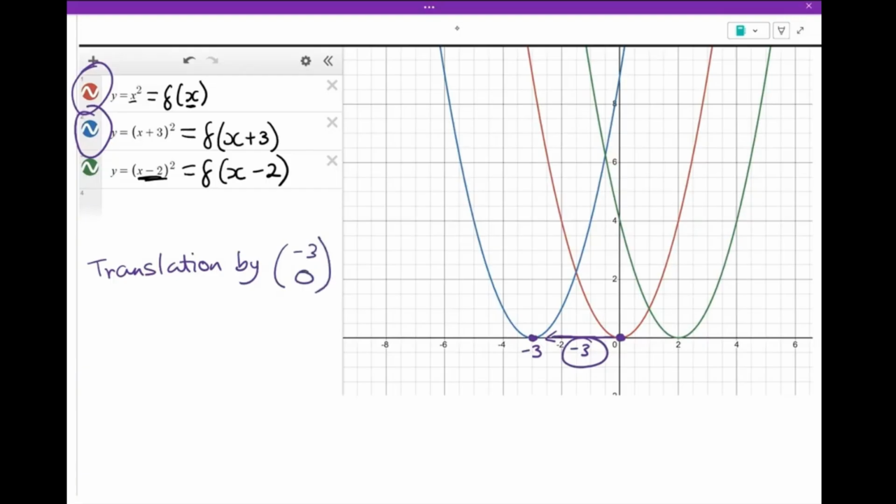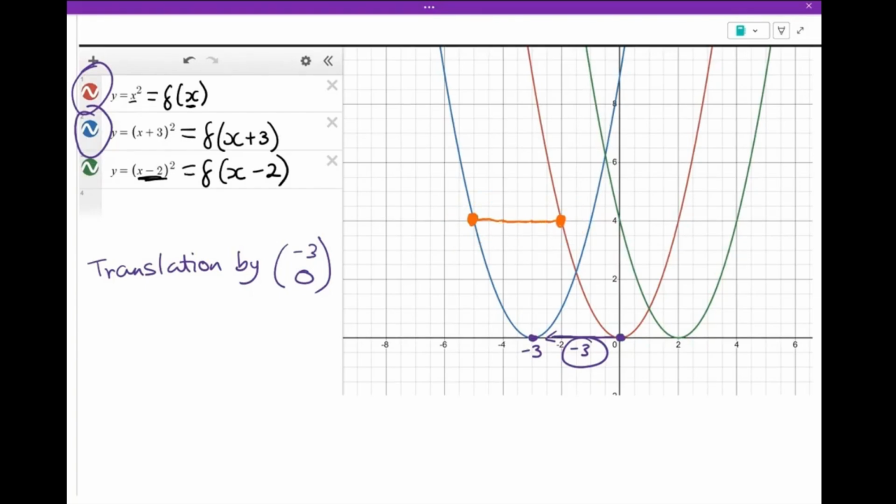Now let's just check, does this check out for other points on my red curve? Well, if we take, for example, this point here, then let's move it 3 to the left. On my x-axis, 1 unit to the left is 2 boxes. So this would be 1 unit, this would be a second unit, and this would be a third unit. So we end up on my blue curve. We moved 3 to the left to get from my initial point to my end point, and we've ended up on that blue curve.